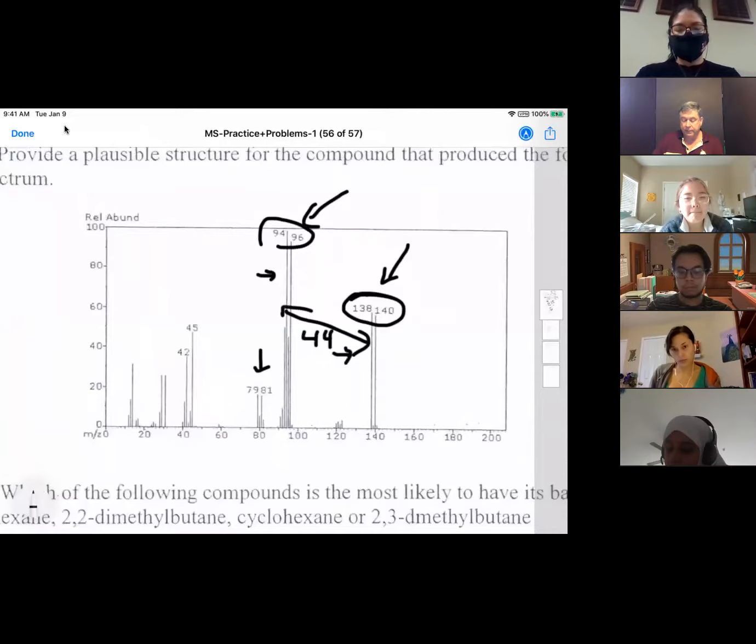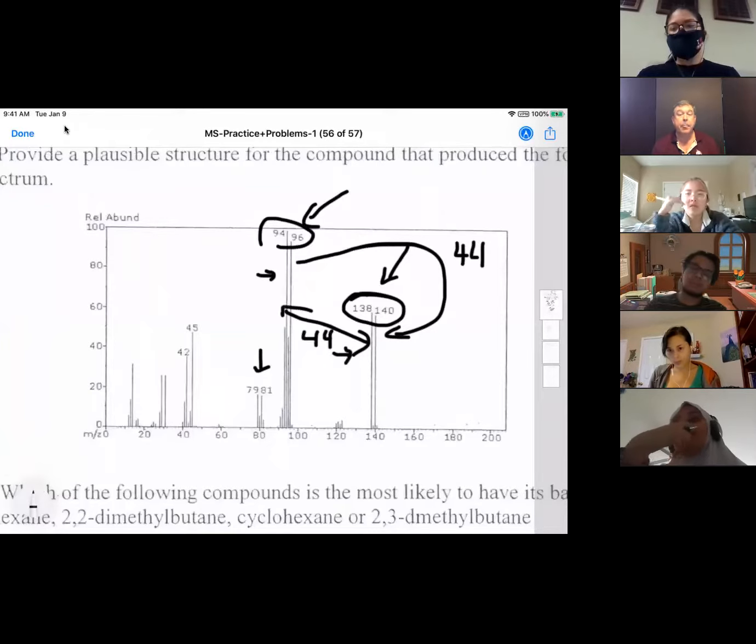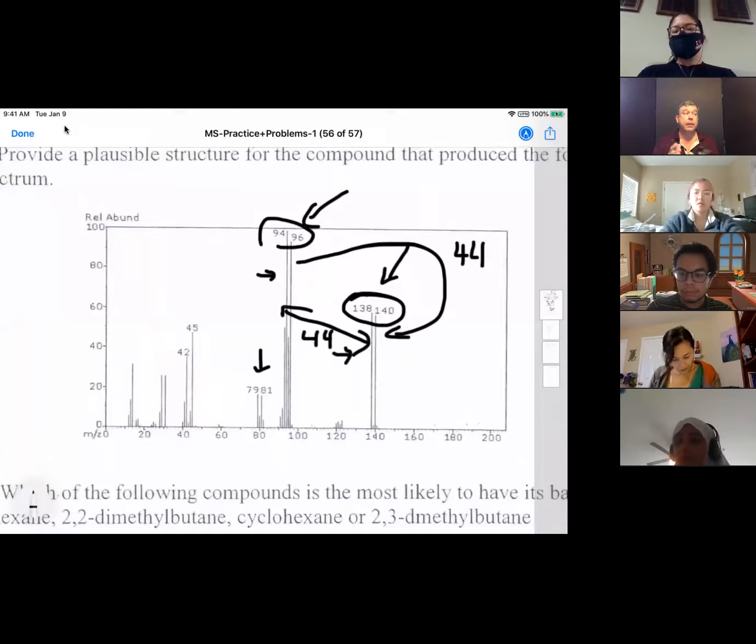Let's do the other one too. 96 minus 140, so using this peak and that peak, we also get 44. It's important that you use the same peak to measure the difference. If you use the leftmost peak, use both leftmost peaks. If you're using the right peak, use both rightmost peaks.